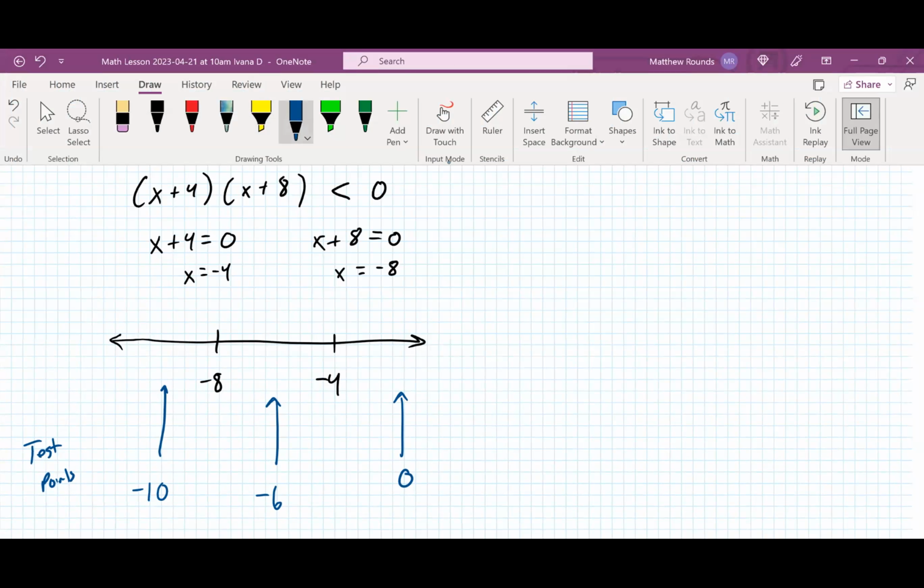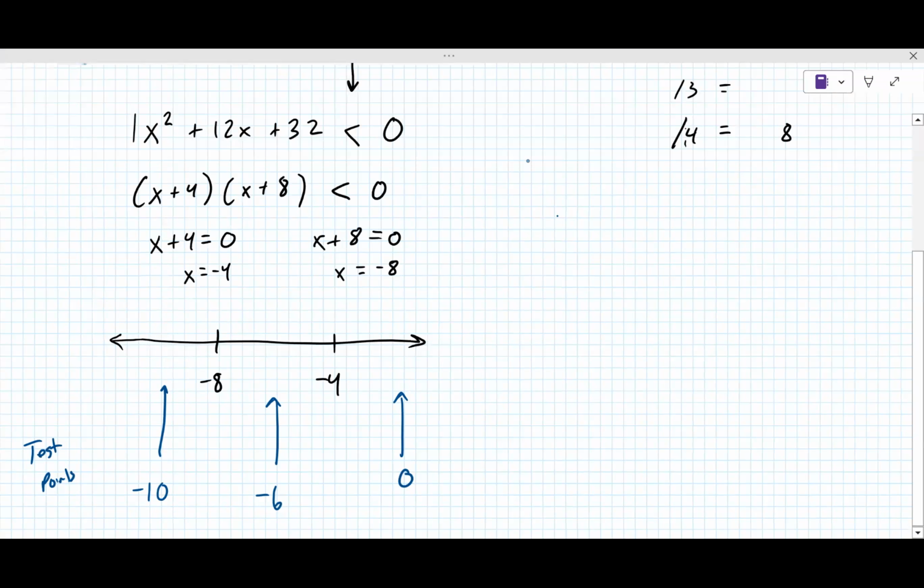Okay, I'm going to start with -6. With that equals -4. Okay, you read it as negative.